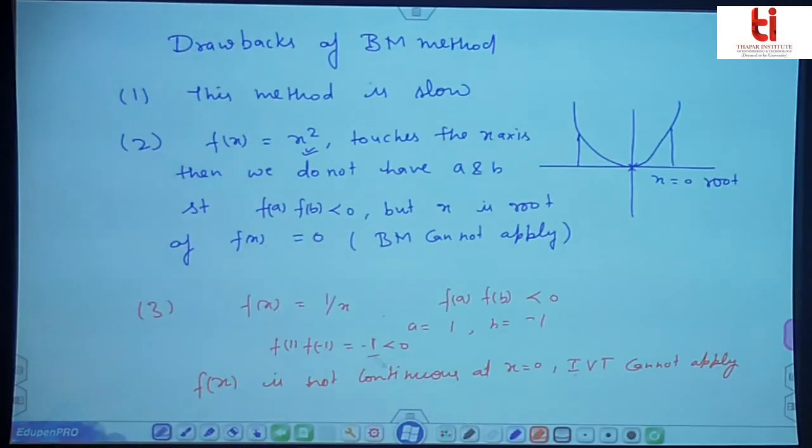If you only use this condition and do not know about the continuity of the function, then you might say there is a root lying between minus 1 and 1, but that is not the case. So with the condition f(a) f(b) less than 0, continuity is also important.